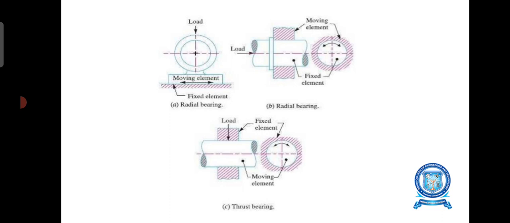The radial bearing is shown in the figure. In a radial bearing, the load acts perpendicular to the direction of motion of the moving element, as shown in figures A and B. In a thrust bearing, the load acts along the axis of rotation, as shown in figure C.